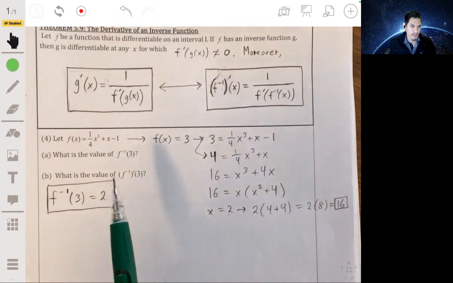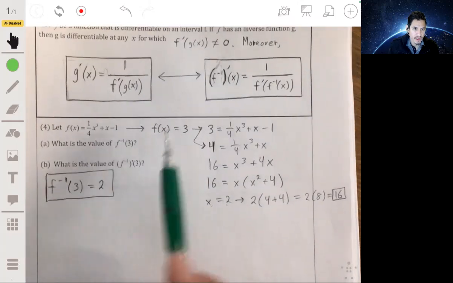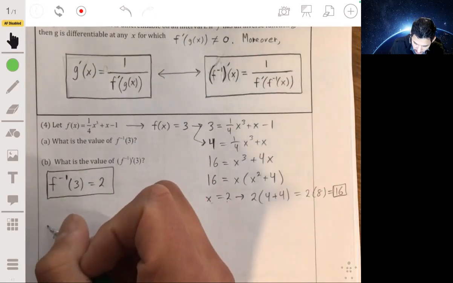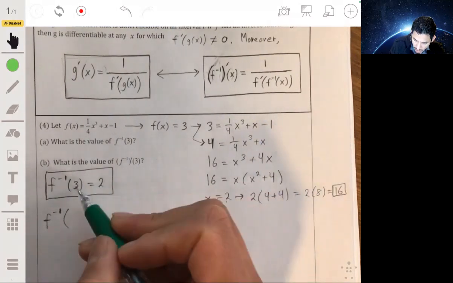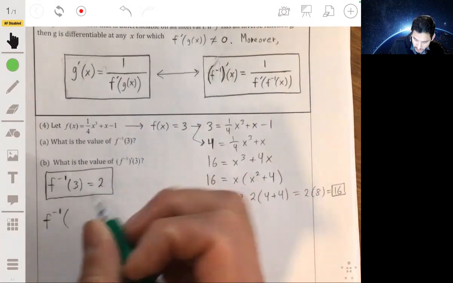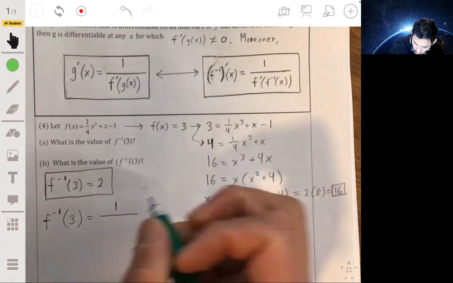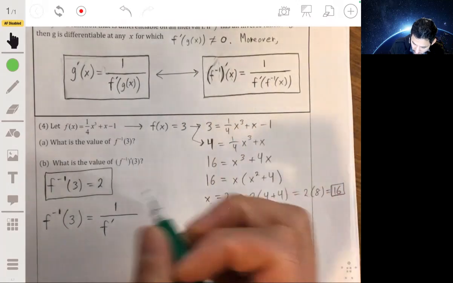Okay, so now what's the derivative of the inverse function of 3? For that, we're going to use this equation here. So let's have that the derivative of f inverse of 3, so let's replace x with 3, is equal to 1 over f prime of f inverse of 3.